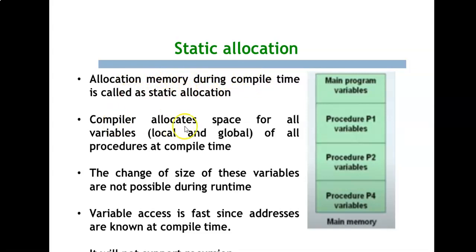The compiler allocates space for all the variables, whether local or global, at compile time. The restriction here is that the size of these variables cannot be changed during runtime. Also, variable access is very fast since the addresses are known at compile time.